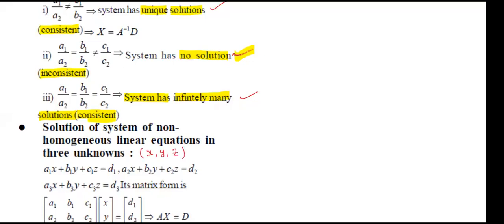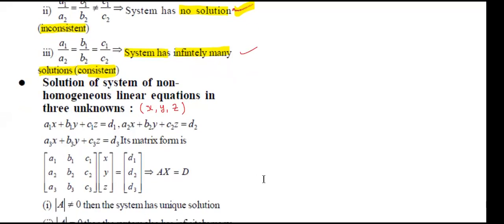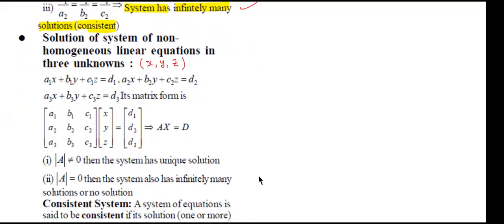The system of equations, already explained in the last class: a1x plus b1y plus c1z is equal to d1, a2x plus b2y plus c2z is equal to d2, a3x plus b3y plus c3z is equal to d3. We can write it in matrix equation form AX is equal to D.